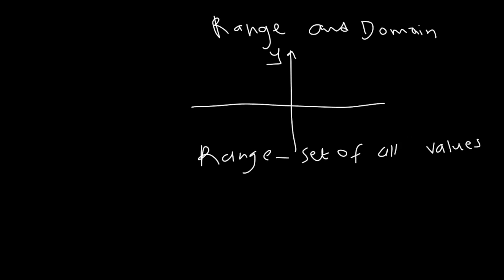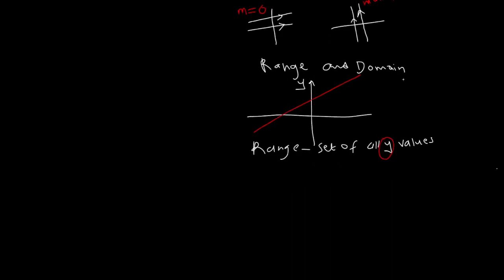Let me write that clearly: y. We need to know whether the graph is defined on the y set of values. If I am to draw a graph like this, what is the range of that graph?